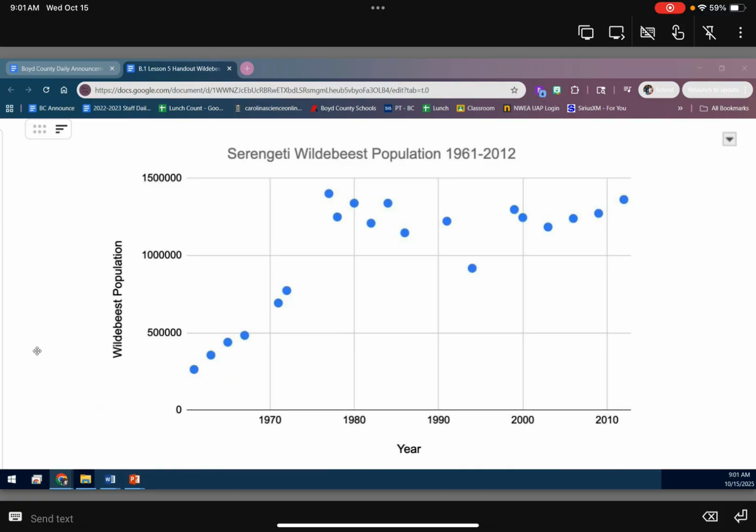It increased. Population increase. Well, it says that in the early 1960s, they were getting vaccinated.